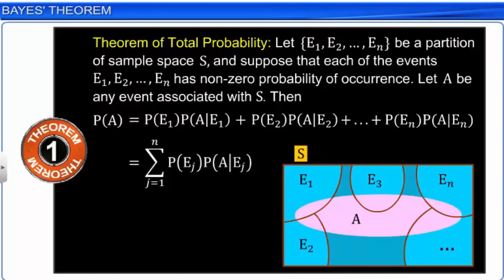Let A be any event associated with S. Then the probability of A is equal to the summation of the product of the probability of Ej and the probability of A given Ej, where j is running from 1 to n.